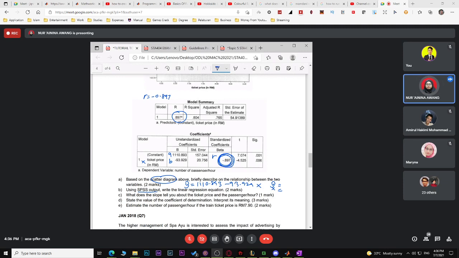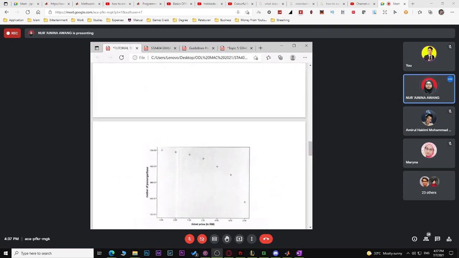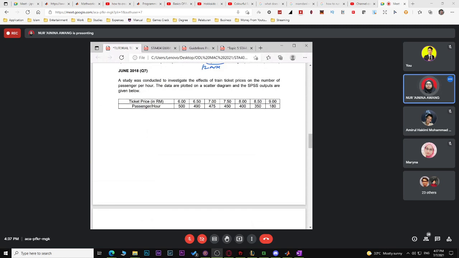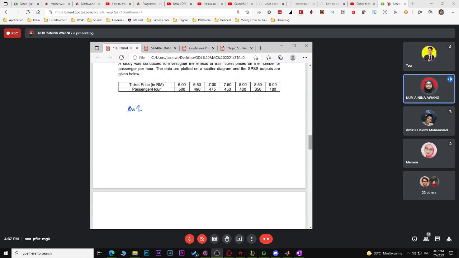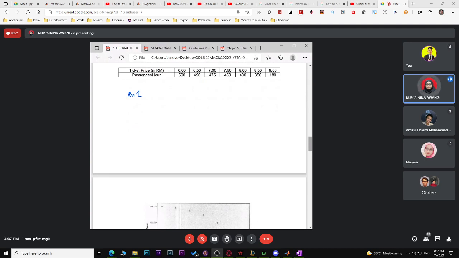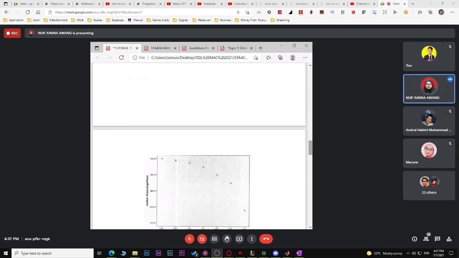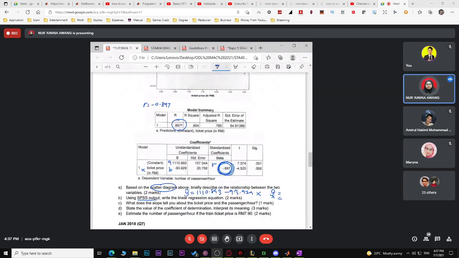So kat situ kalau you tengok your slope is negative. So we say that every RM1 ringgit increase in the ticket price, since the ticket price is in RM. So don't forget the unit. Okay. Every apa nama itu RM1 ringgit increase in the ticket price. So your Y, the number of passenger will decrease since your slope is negative.